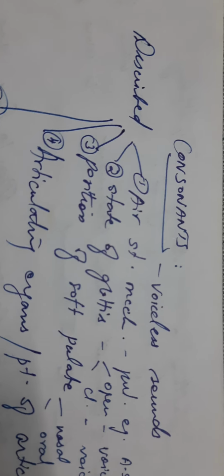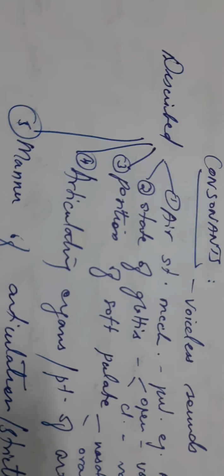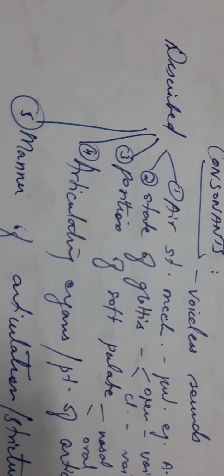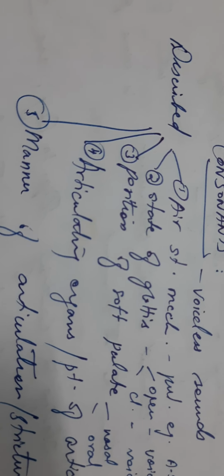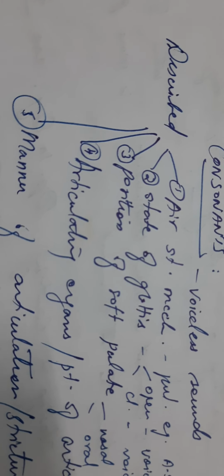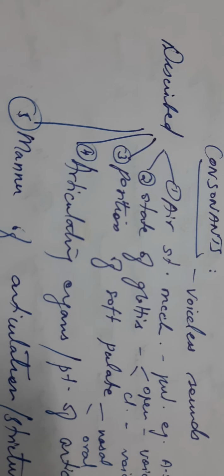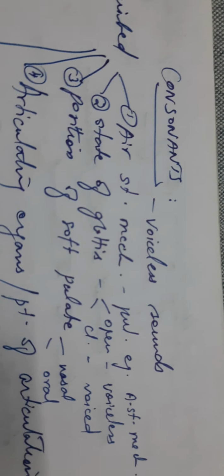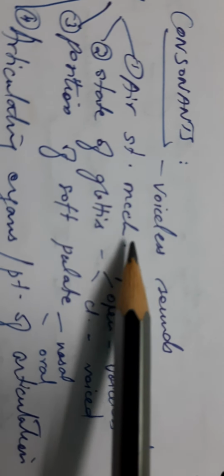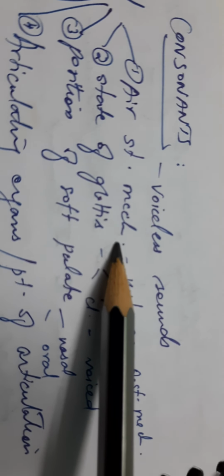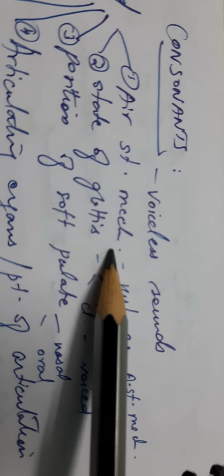When we are talking about consonant sounds, they can be described by five manners. Using the five pieces of information that I have listed here, you can describe consonant sounds. The first thing is the airstream mechanism that we use to produce the consonant sounds.